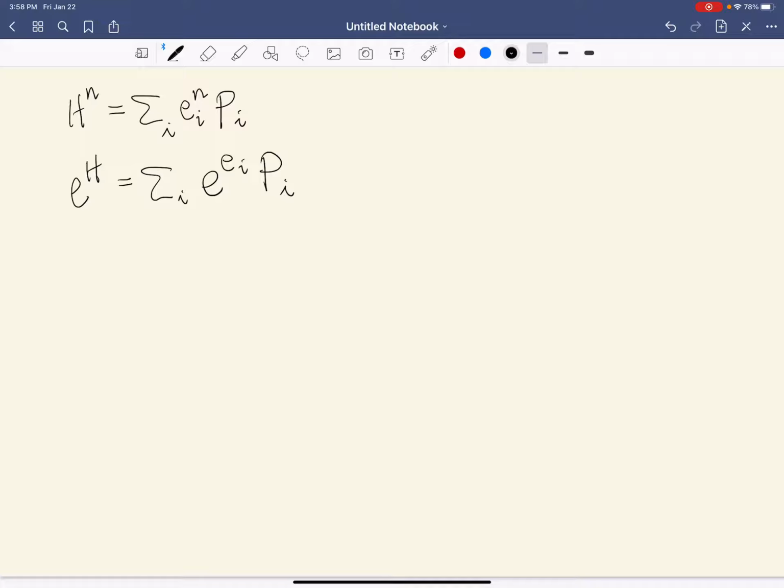because oftentimes we need to work with this sort of operator, e to the i alpha, let me use sigma 3 as an example.